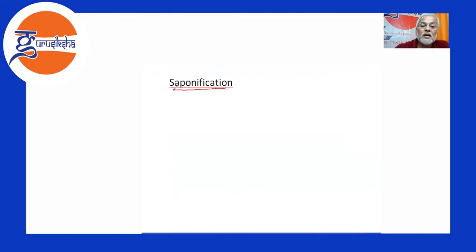Now let us see the saponification reaction. Saponification reaction is one of the most important reactions, where the manufacturing process of soaps is dealt with.